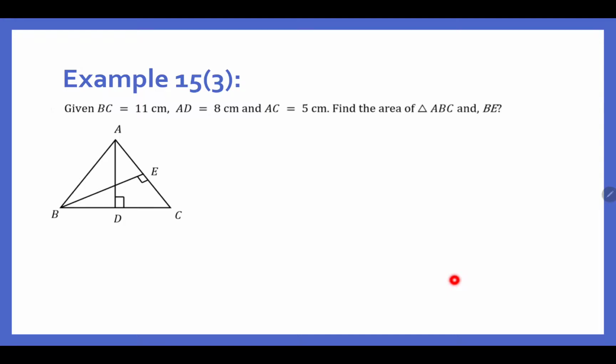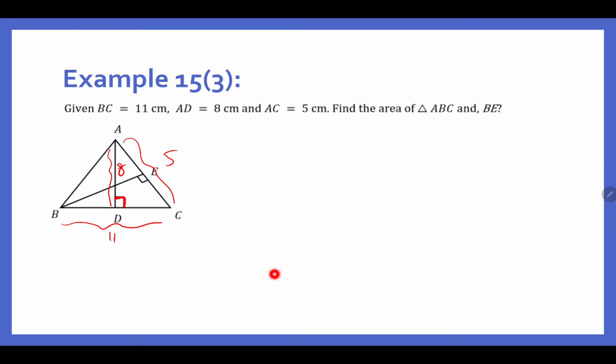Number 3, given BC. Where is BC? BC is right here, 11. AD ni adalah height dia, sebab nampak dekat sini 90 degrees. So AD is 8, and then AC kat sini 5. Find the area of triangle ABC and BE. Okay, since kita ada height dia dekat sini, 8 ni adalah ketinggian dia.